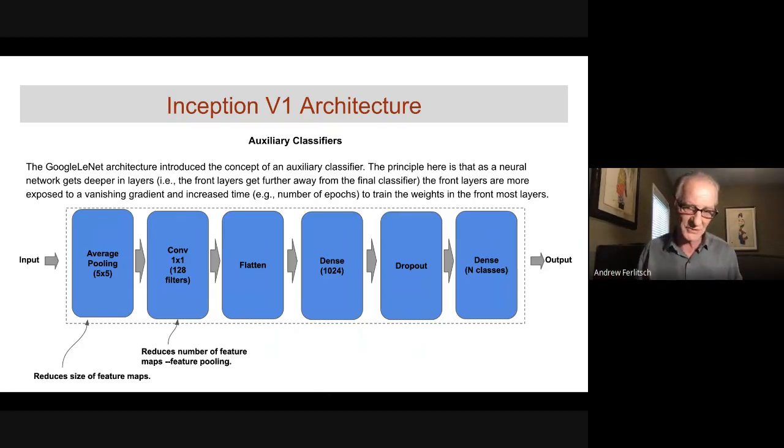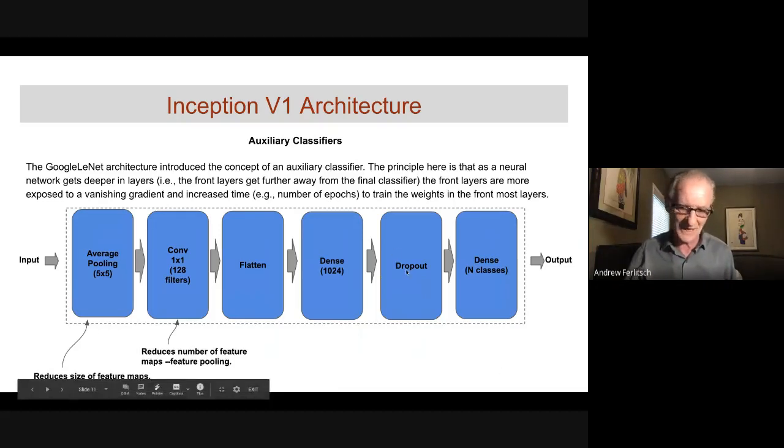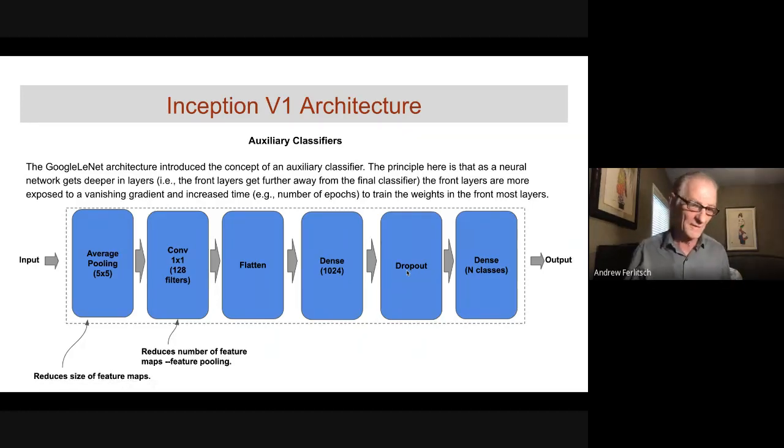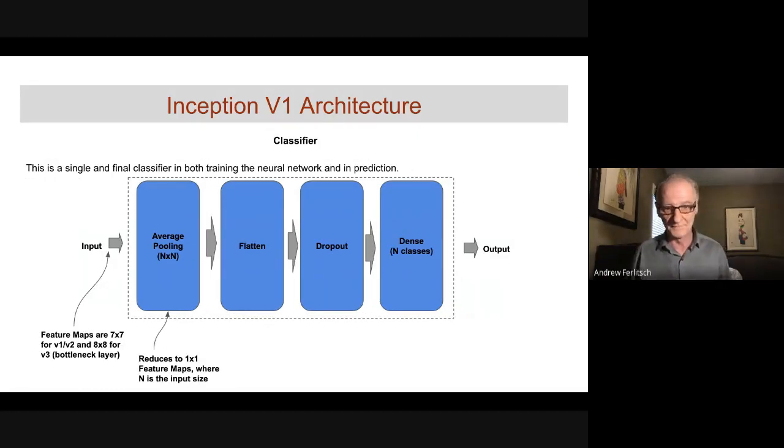This is just a picture of their auxiliary classifier in V1 and in V2. It did seem kind of overly complex. I'm not going to go into the detail other than to point out that in their classifiers in the Inception V1 architecture, they use dropout for regularization. The classifier for the Inception V1 is more of what we traditionally thought of.